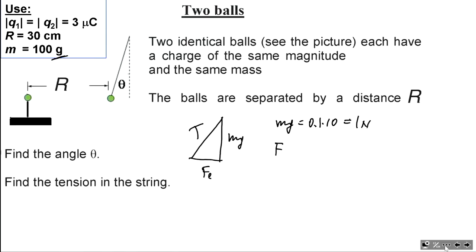Electric force is supposed to be equal to 9 times 10 to the 9th times 3 microcoulombs squared. It's the same charge. Distance has to be converted into meters, 0.3 squared.